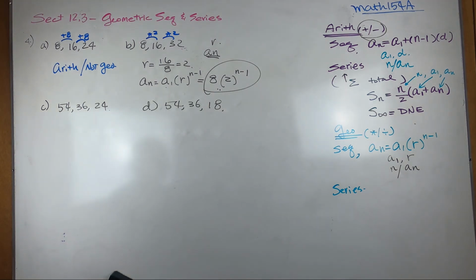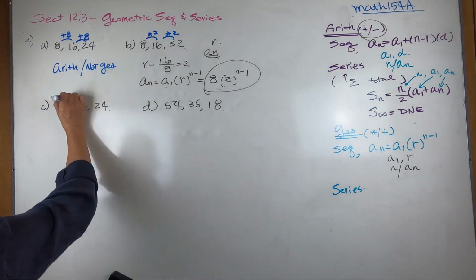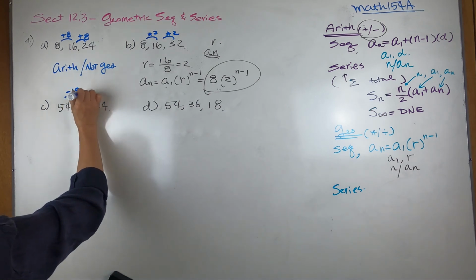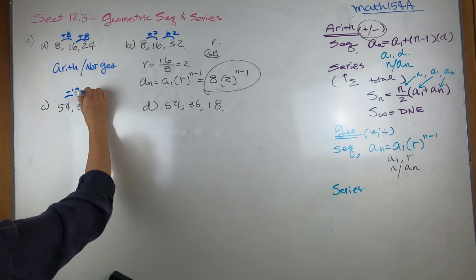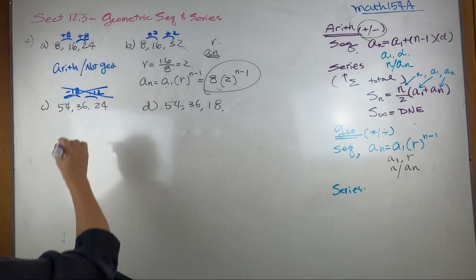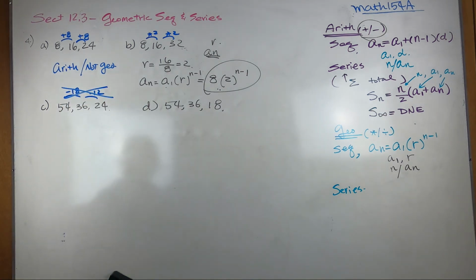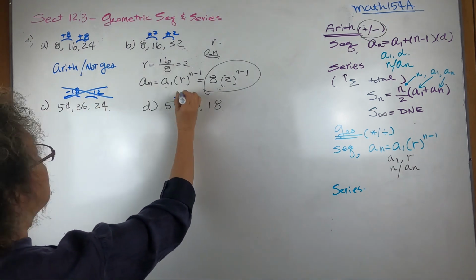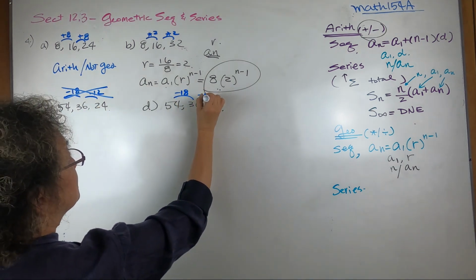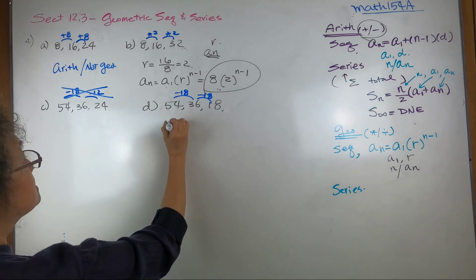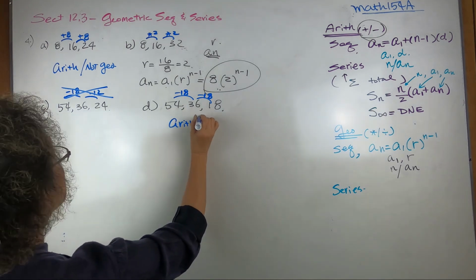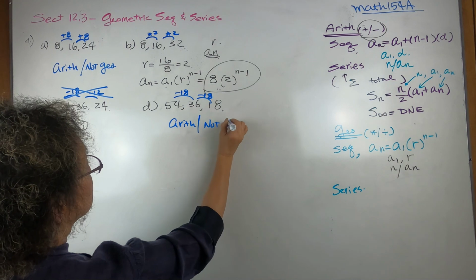Let's take a look. This difference is minus 18. This one is minus 12. So it will not work for the arithmetic sequence. So this one, minus 18, this one minus 18, yes. So this one is arithmetic, not geo, right?